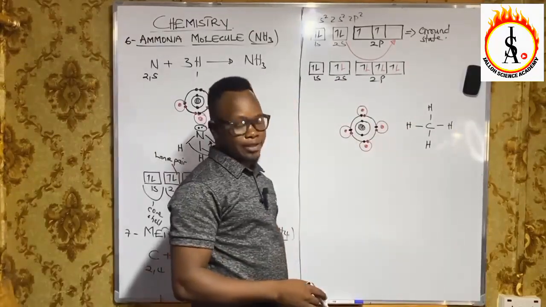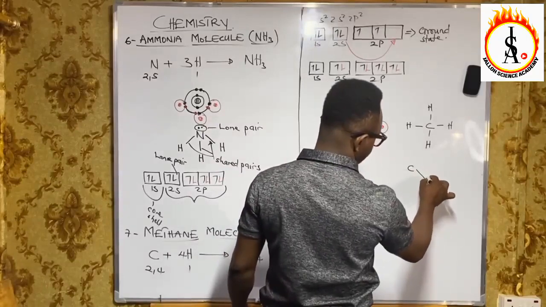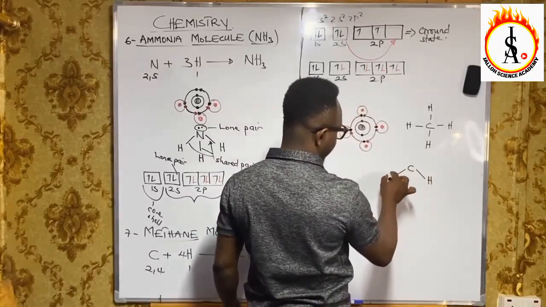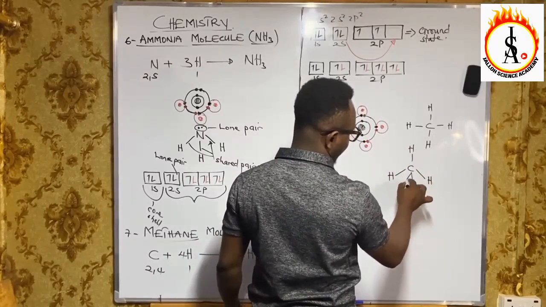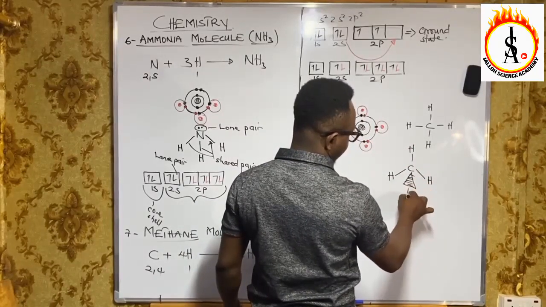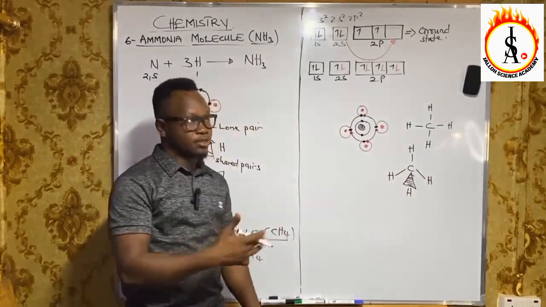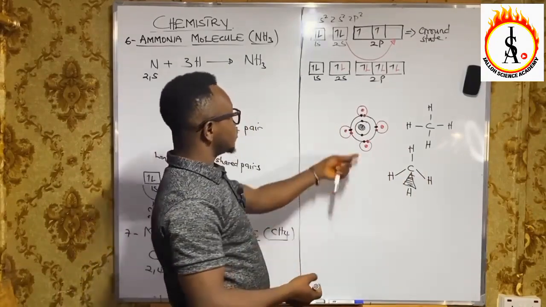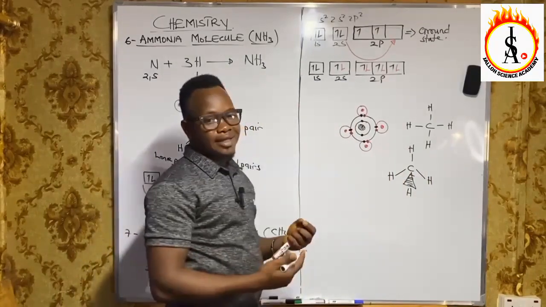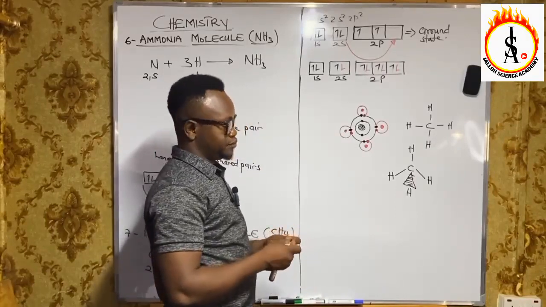Though this is not the correct structure because it looks like this, you have carbon bonding with hydrogen here, bonding with hydrogen you have here, and the other one being a wedge, okay? The other hydrogen, meaning it goes inside, giving us a shape referred to as a tetrahedral molecule, but that will be discussed under hybridization. So this is how the methane molecule is formed.